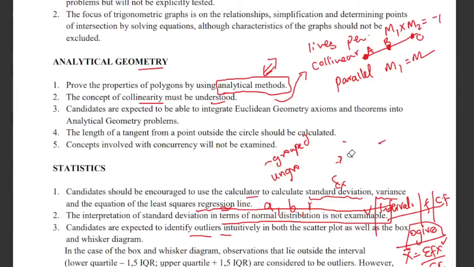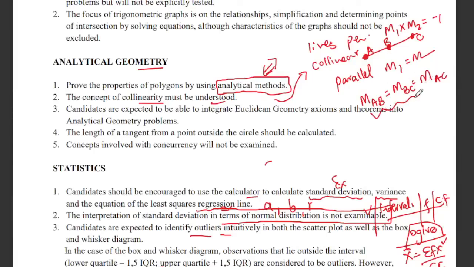So in other words, if we are to use the points, we need to apply the knowledge of the gradients. Let's say the gradient between AB should be the same as the gradient between BC, which is also the same as the gradient between AC. We use any two.